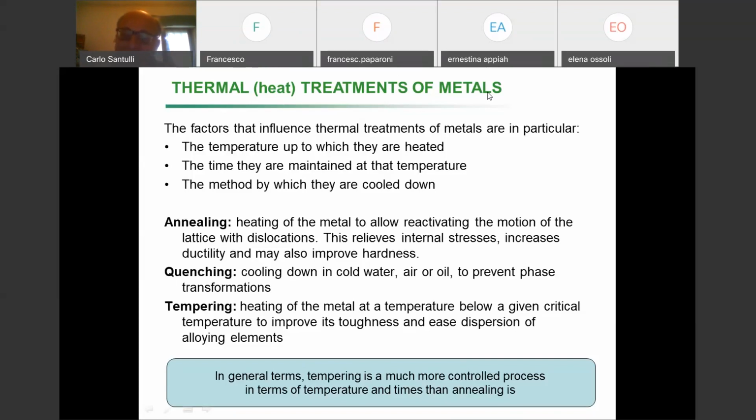If you want to melt a simple alloy between iron and carbon, if you have just iron, you are above 1,500 degrees. Then if you include carbon, the temperature starts to change.